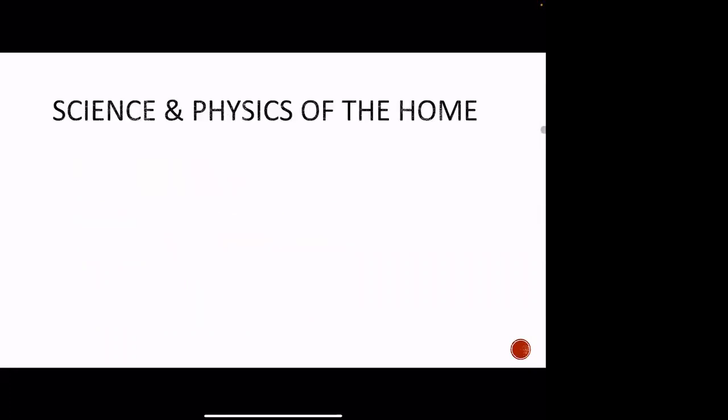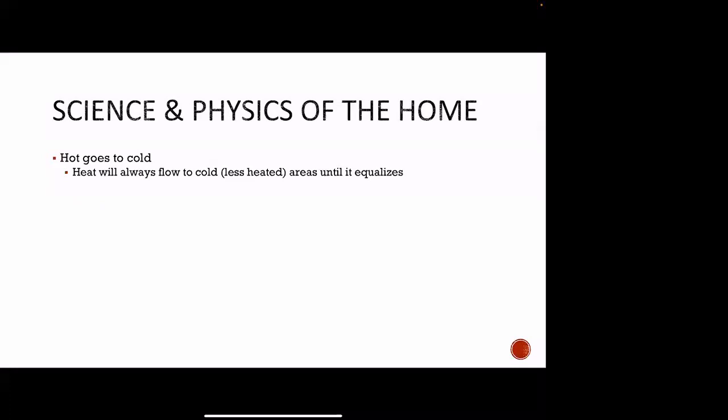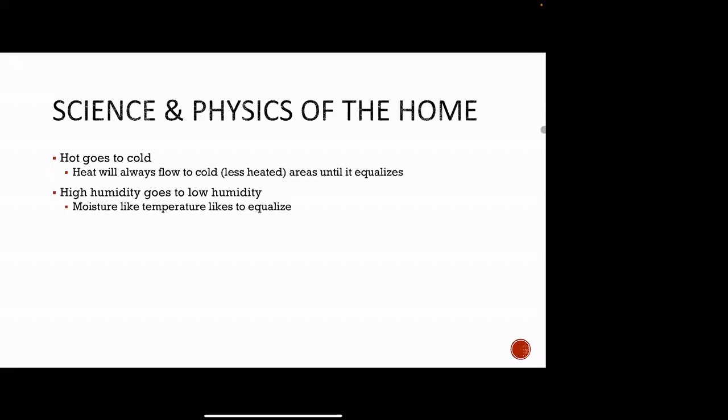So let's talk about the science and physics of the home. Hot goes to cold. We all should know that. Heat will always flow to cold or less heated areas until it equalizes. High humidity goes to low humidity. Moisture, like temperature, also will equalize, or it likes to equalize.